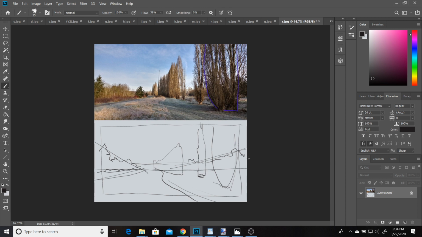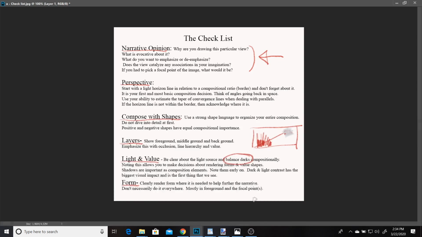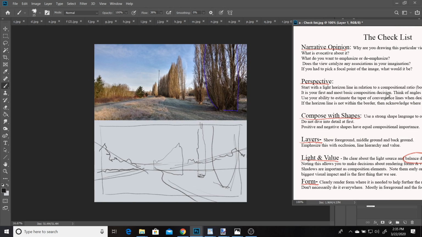Okay, so what am I thinking about here? This is an example of, I've done like the first 3 or 4 of the checklist here. I'm going to bring the checklist back. Oh, wait, what are you doing, checklist? There you go. I've done narrative opinion. I know why I want it. I've got some sense of perspective. I've composed the whole thing with shapes.